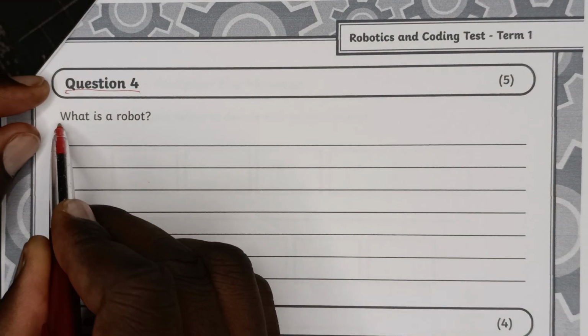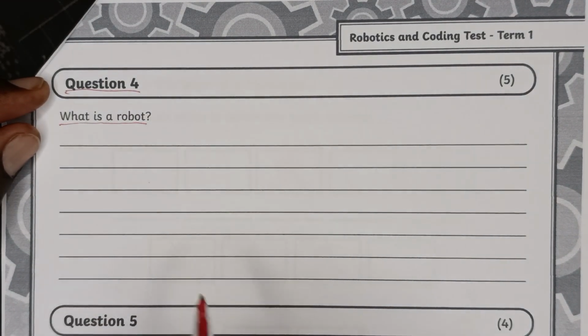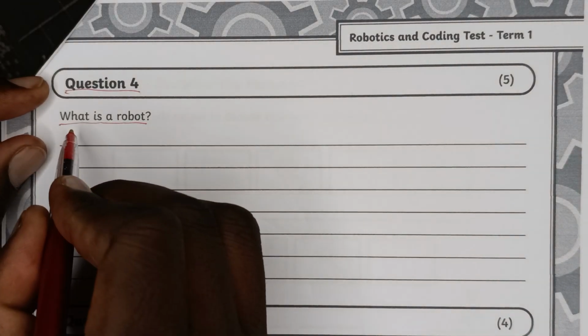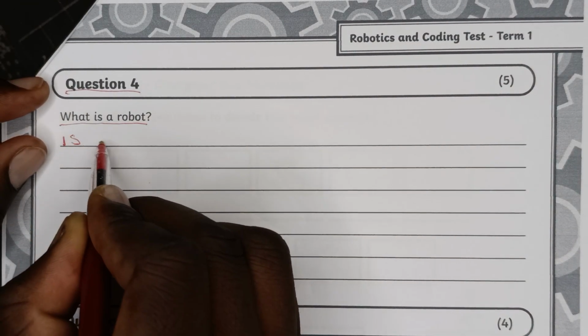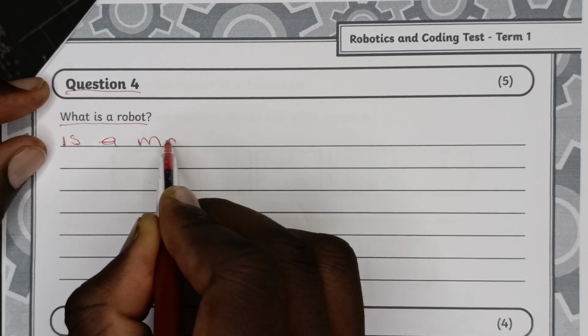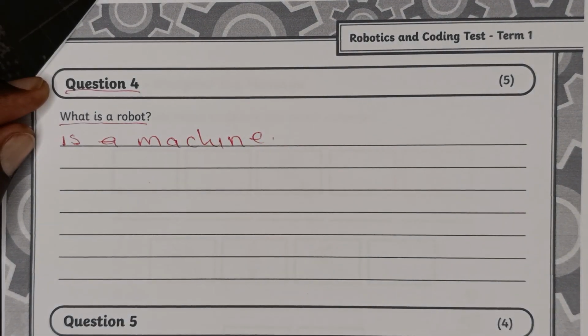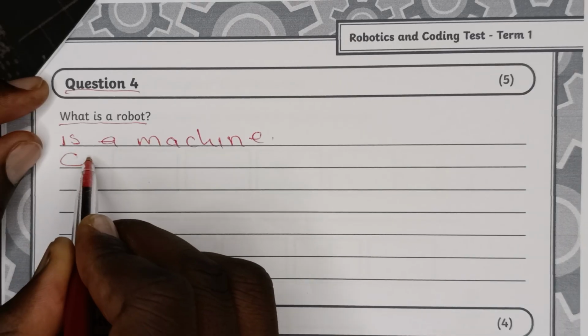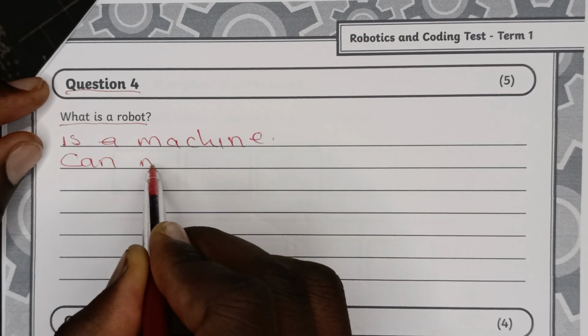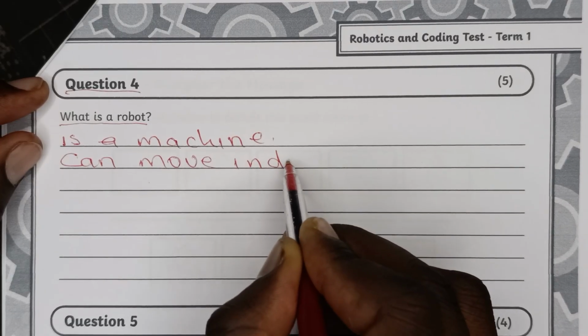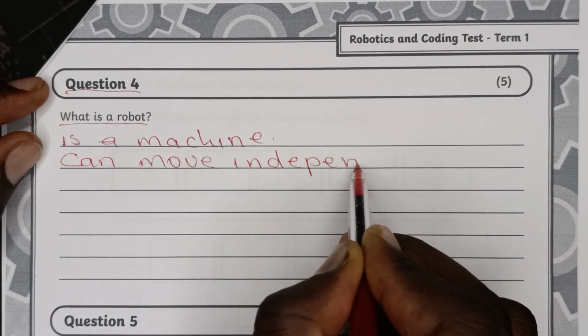Question 4 says, what is a robot? A robot is a machine, and a robot can move independently.